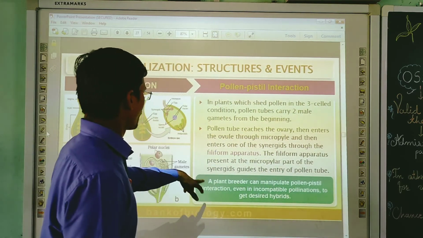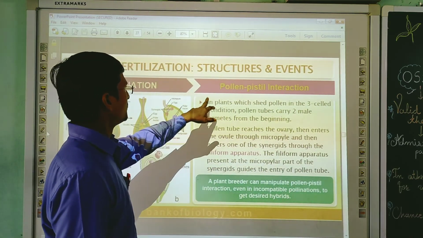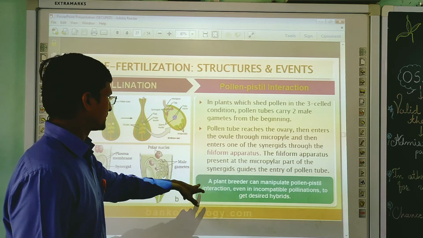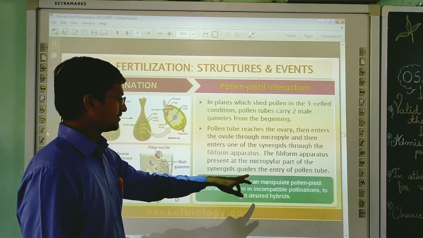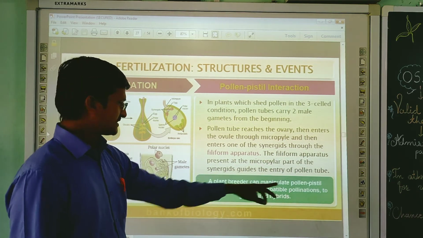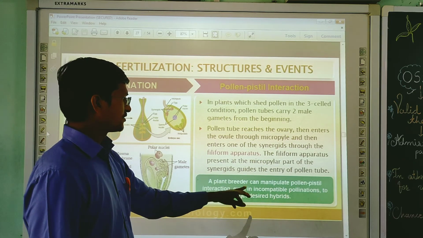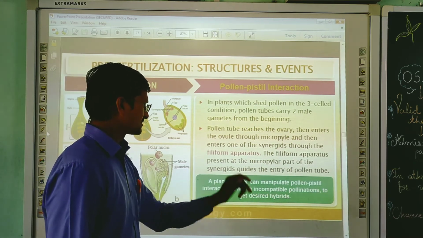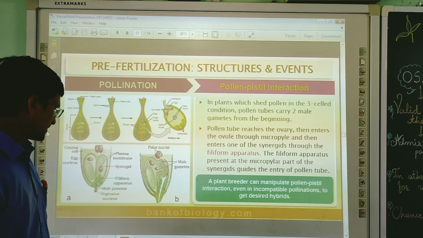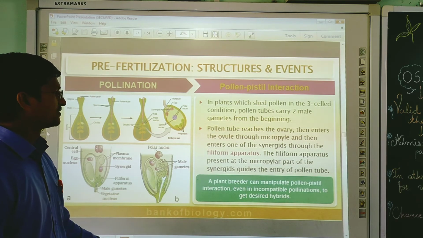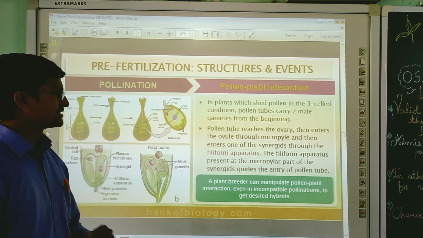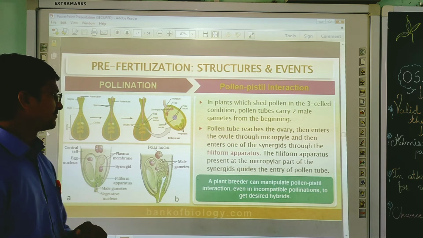Here you can see pollen pistil interaction, in that a plant breeder can manipulate pollen pistil interaction even in incompatible pollinations to get desired hybrids. So generally the process will be carried out by the filiform apparatus, the synergid through filiform apparatus.